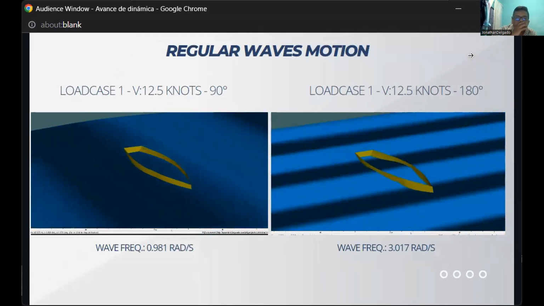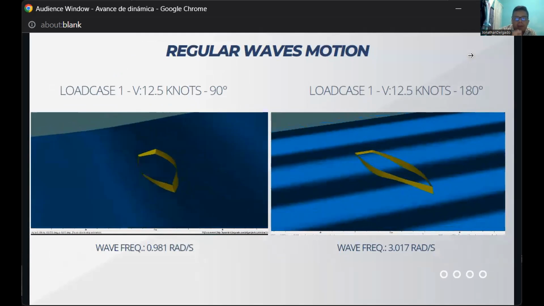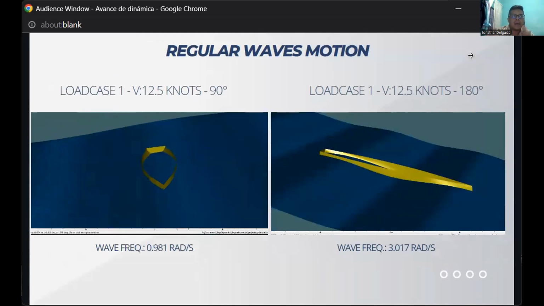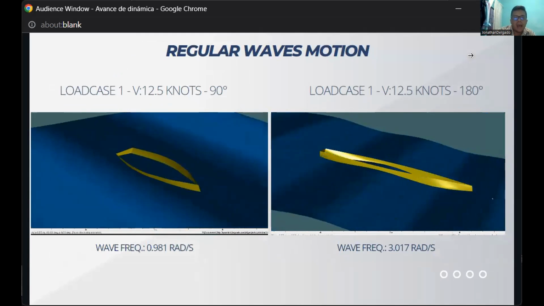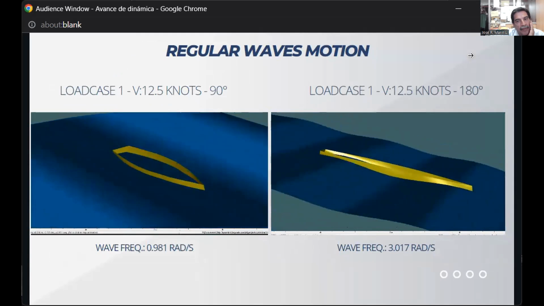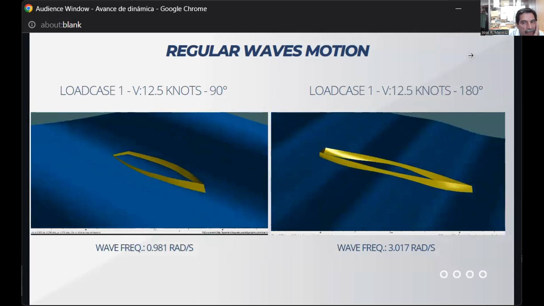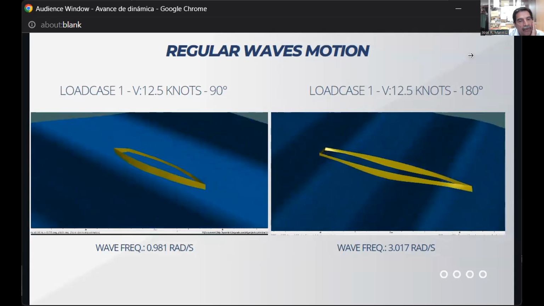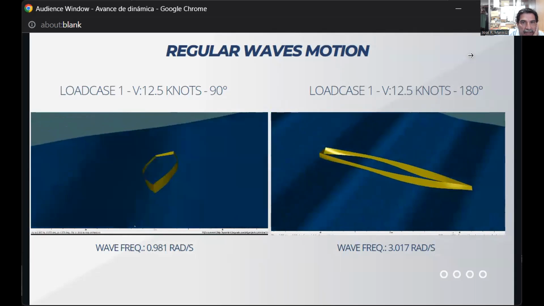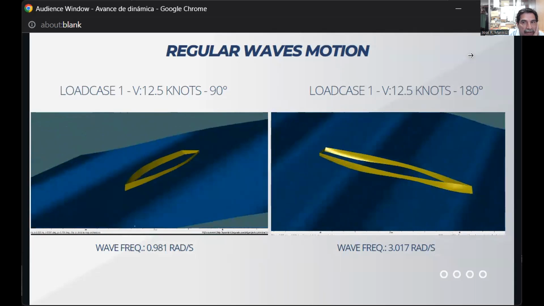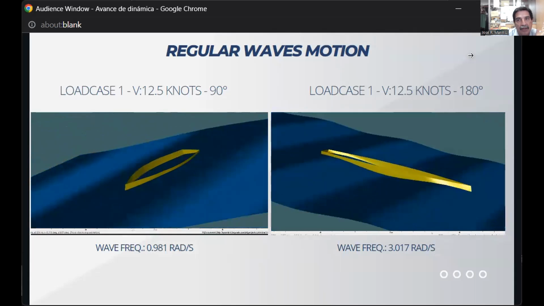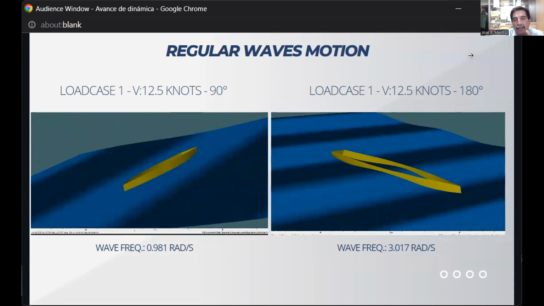Okay, in this case, we are considering the load condition when using a range of frequencies in sea state 3, analyzing waves that come from the side. Mr. Delgado, just one comment, okay? I can read the title of your presentation. It says regular waves. When you mention regular waves, that means that you cannot say anything about the sea state, because when you say sea state, that's an irregular wave situation.